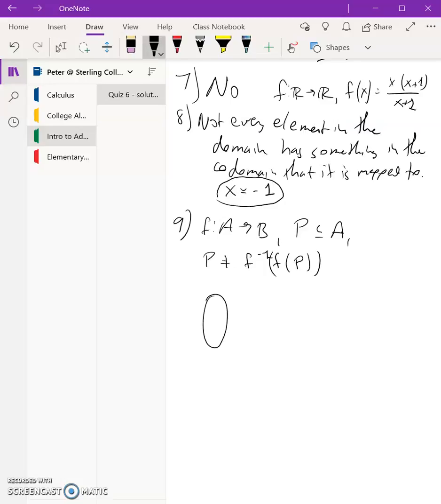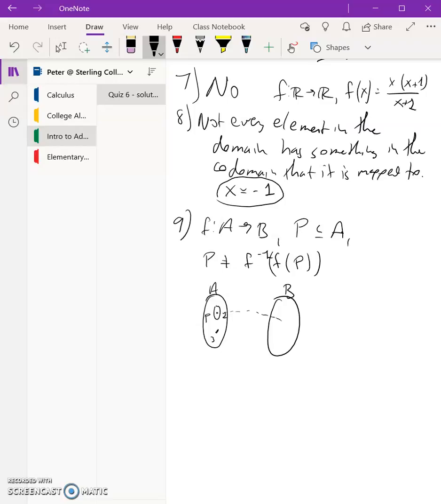But many of you did the tried and true method of drawing a lovely picture. Make sure that you label your things. So you have A gets mapped to B. Now you need to create a set P that's over here. And so you need an element here, and then you need at least one element outside. So we can call this element, say, 1, and this element over here, we'll call this 3.